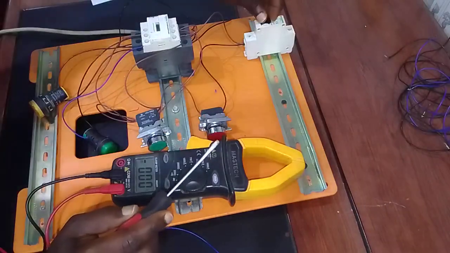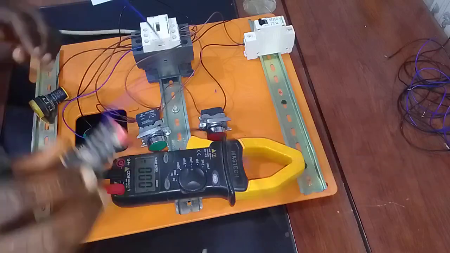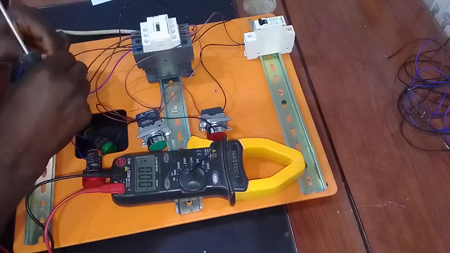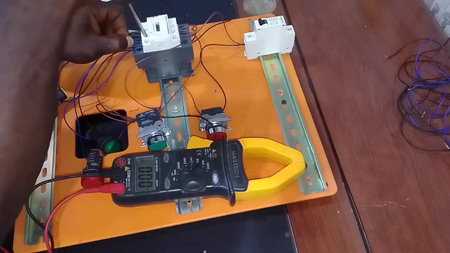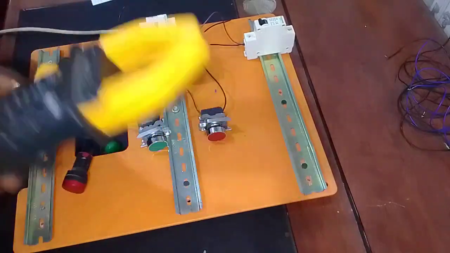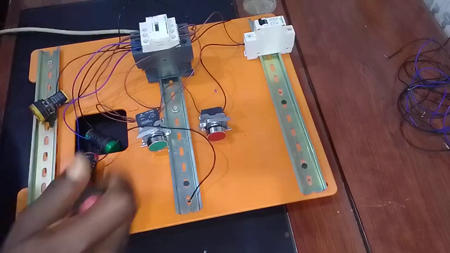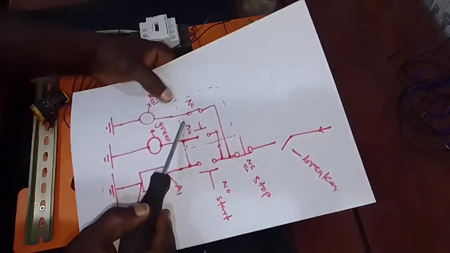So I'm going to switch off the breaker first, then get my red indicator light and connect it at the output here. This connection I made here is at the output here.